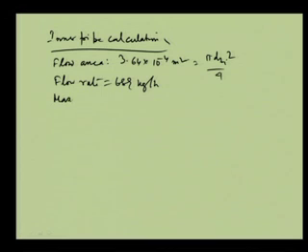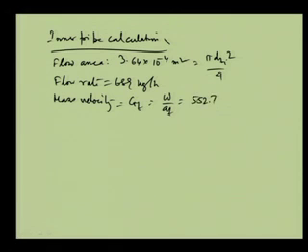Mass velocity, that is GT, is equal to W by AT, and that is equal to 689 by AT, which is known. So this is becoming 552.78 kg per meter square per second. Mind it, it was converted into seconds, so divided by 3600, fine.